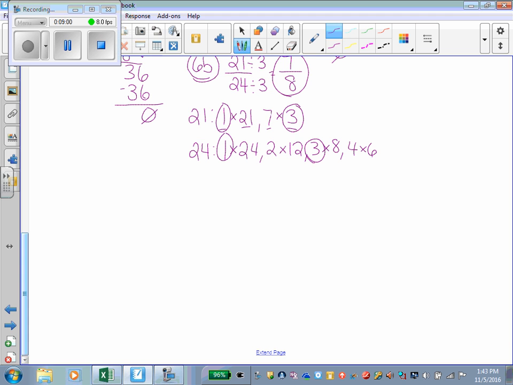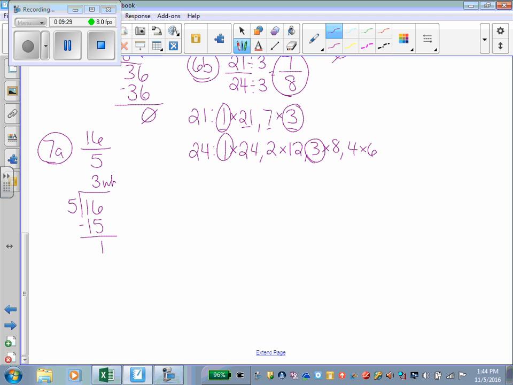Alright, moving on to 7a. I wanted you to change that to mixed numbers, so you're starting out with 16 over 5, or 16 divided by 5. So when you actually work that out as a division problem, 16 divided by 5, 5 can go into 16 3 times. 3 times 5 is 15. 16 minus 15 is 1.